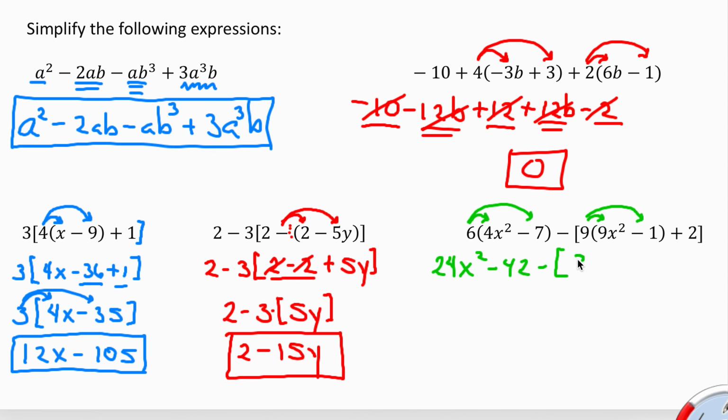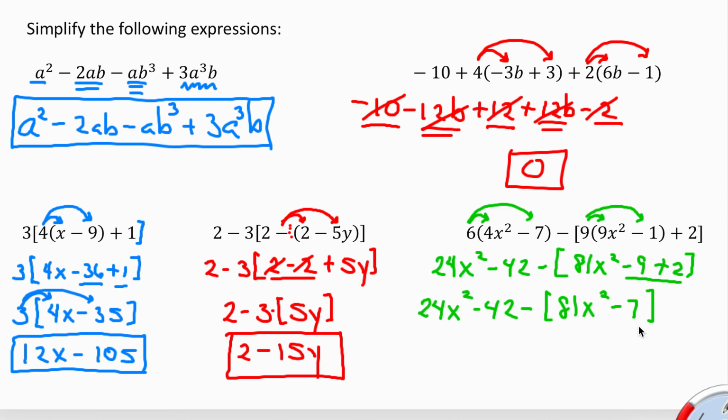Now 81x squared minus 9 plus 2. Nothing here can combine, but in here these can combine. So 81x squared minus 2 plus 9 is minus 7.